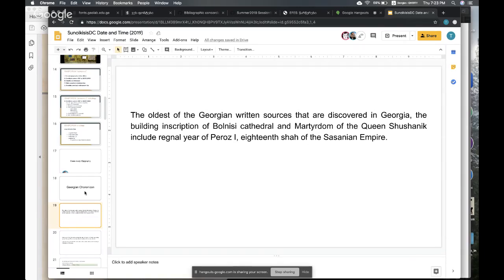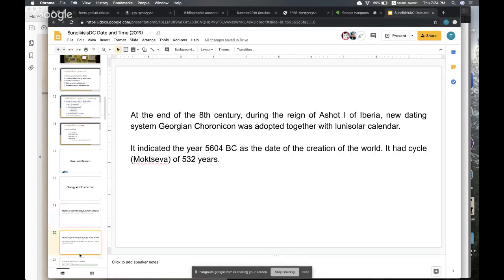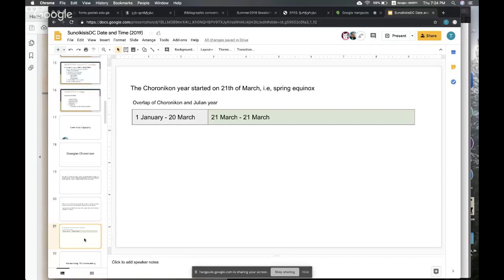As I mentioned, there were cycles of 532 years, and most of the written sources we have are from the 13th and 14th cycle, or moktseva. And the Chronicon year was starting on the 21st of March, on the spring equinox, and it should be taken under consideration when converting a Chronicon year to the Julian calendar, the modern date.